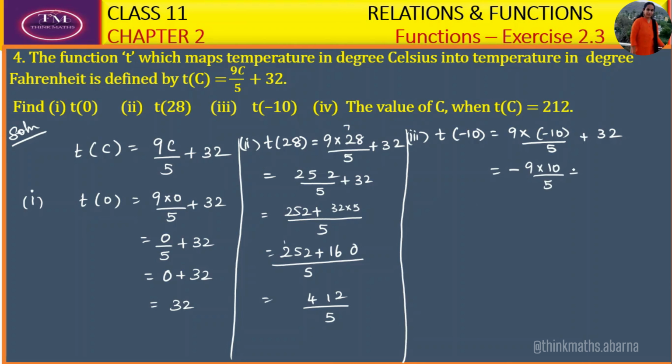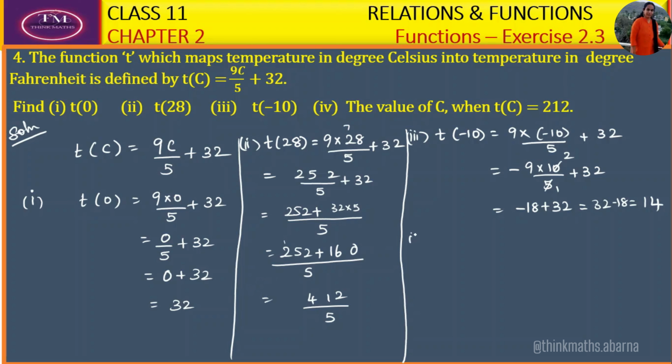We can cancel the 5 and 10. 1 5s are 5, 2 5s are 10. So, now 9 into 2. 9 into 2 is 18. 18 divided by 1 is 18. So, we have minus 18 plus 32. So, that is 32 minus 18. 32 minus 18 is 14. So, T of minus 10 is equal to 14.